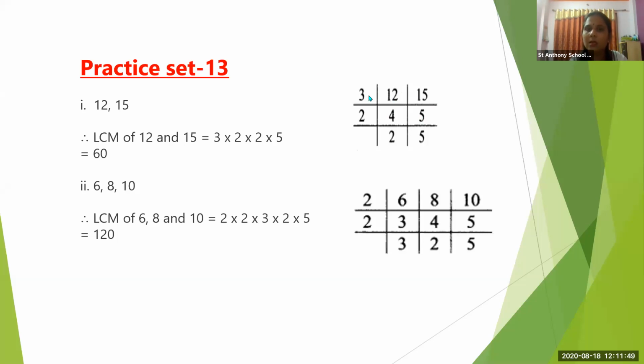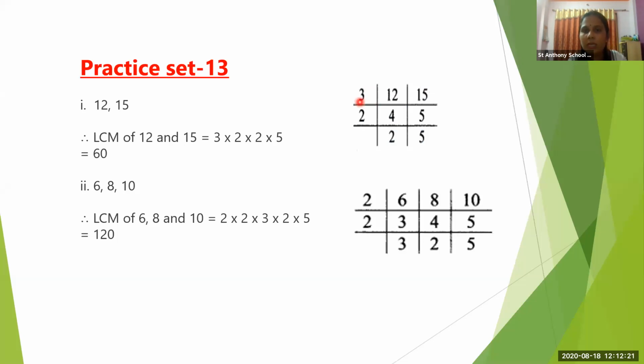Like for example here, 12, you can divide it by 2, 2 sixes are 12, and 15 remains as it is. Or else you can also see the divisibility check. 2 + 1 is 3, so it will be divisible by 3. 5 + 1 is 6, this is also divisible by 3. So 3 fours are 12 and 3 fives are 15. Now 2 twos are 4 and 2 fives are 10.